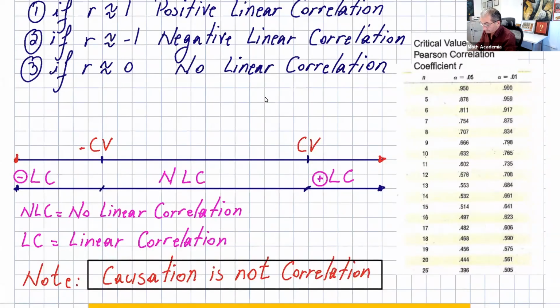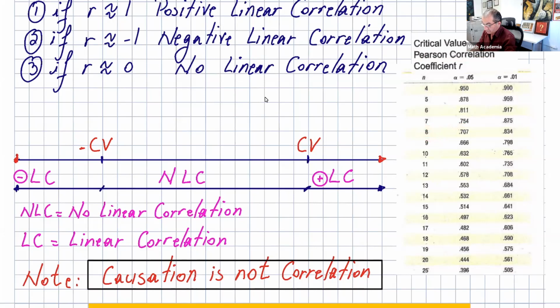Now, to make sure that there's a linear correlation, you can refer to this table for R values. These are the critical values of the Pearson correlation coefficient R. R is also called the Pearson correlation coefficient. So you look at your sample size. For example, sample size is 8.